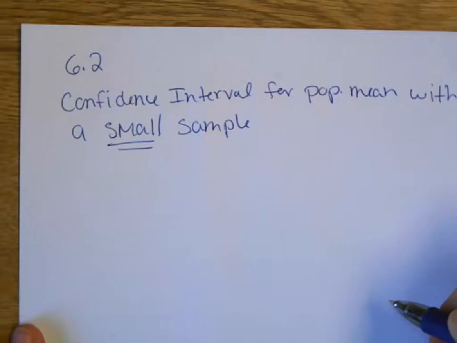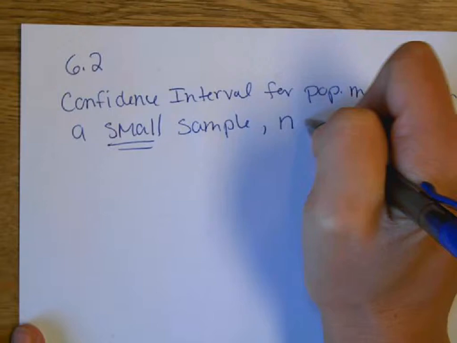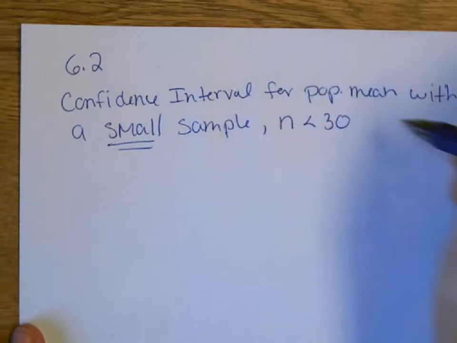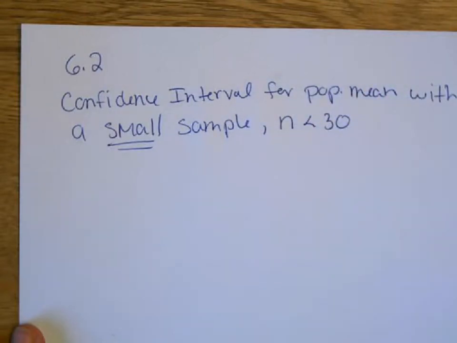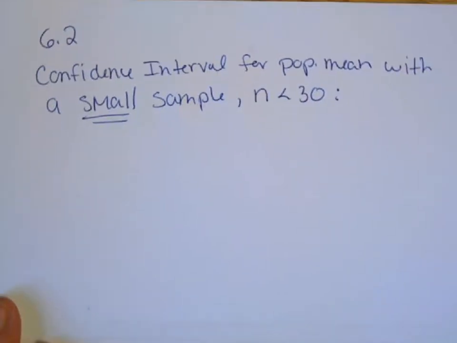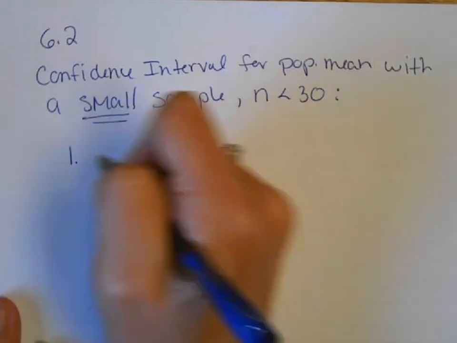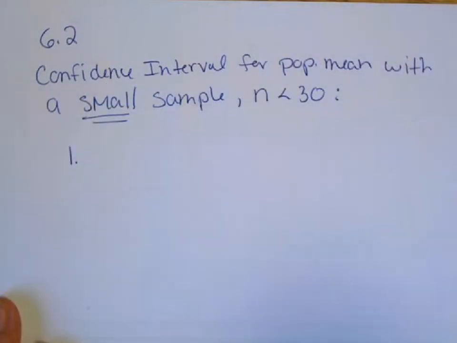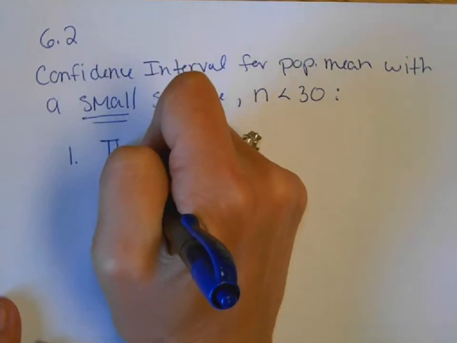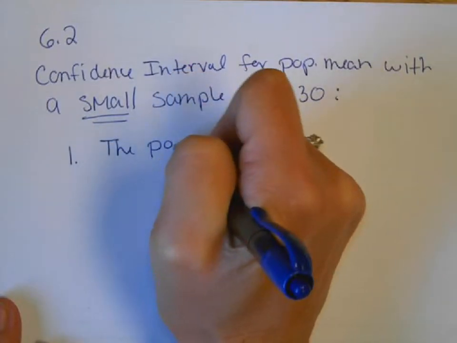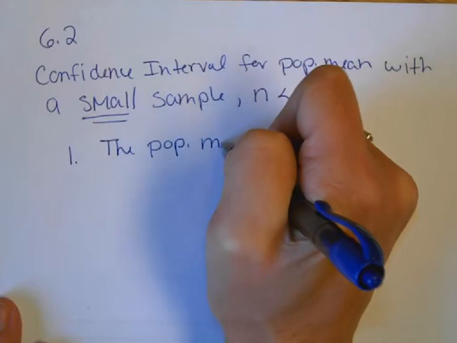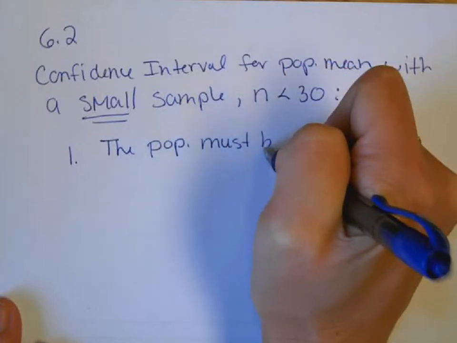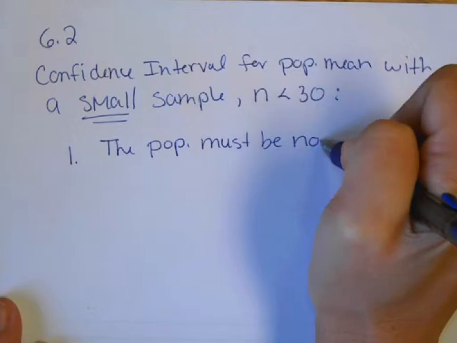What do you think constitutes a small sample? Less than 30. So, several key things here. First, the population must be normally distributed.